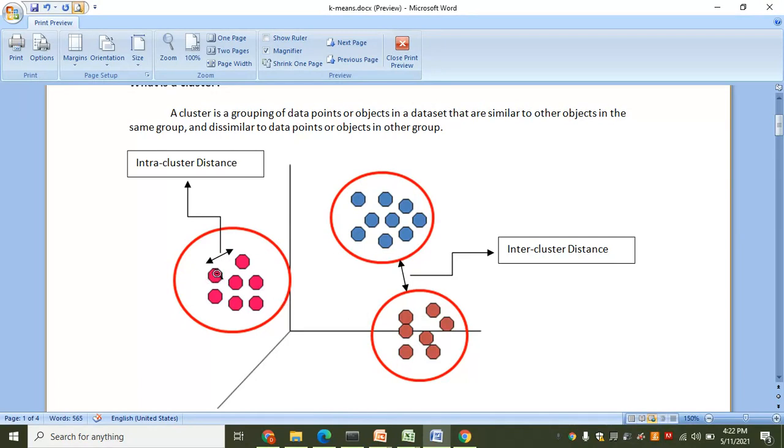The distance between two data points within a group or within a cluster is called intra-cluster distance, and the distance between two clusters or two groups is called inter-cluster distance.